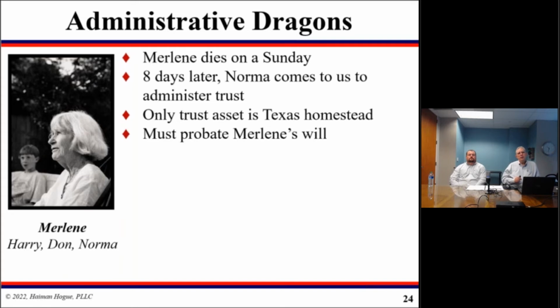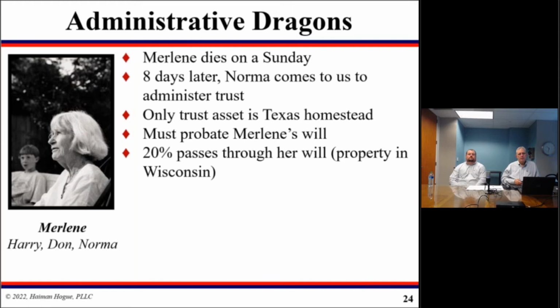Then they had to probate Merlene's will. 20% of the assets are going to pass through her will. The house here will not pass through the will, but the property in Wisconsin will. Now, the truth is, this is a little inaccurate because 20% of the estate was made up of the 2 pieces of property, and one of them won't go through probate.